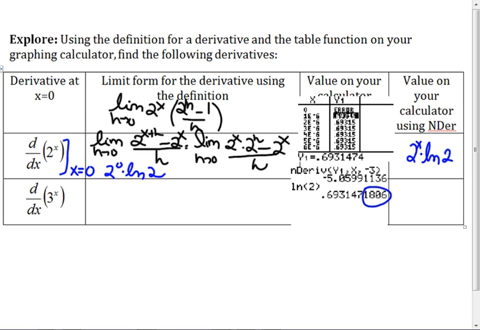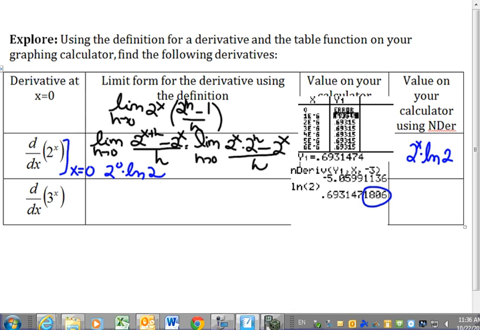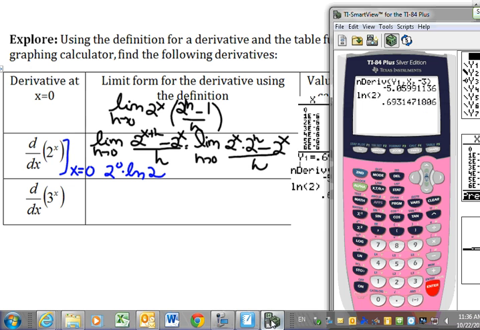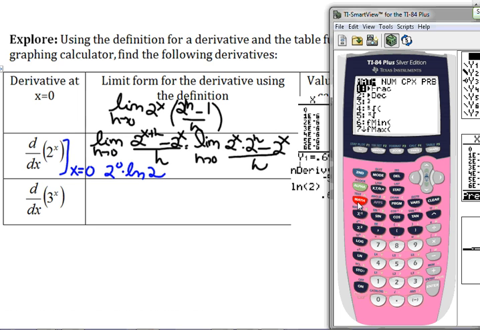So let's look at our calculator and see if that's right. You're so trusting. Okay, so I'm going to do math. You remember how to do this? n derive. I want 2 to the x comma x comma 0. Now, if I got my CAS out, I'd have it exactly. I should see the log of 2 there.